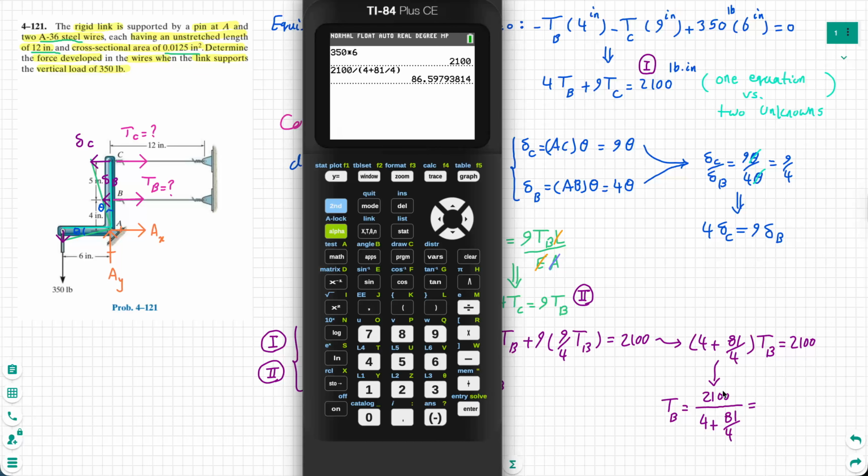So we get, to 3 significant digits, 86.6, and the unit is the same unit of the force, that was pound. So it is the value of TB.